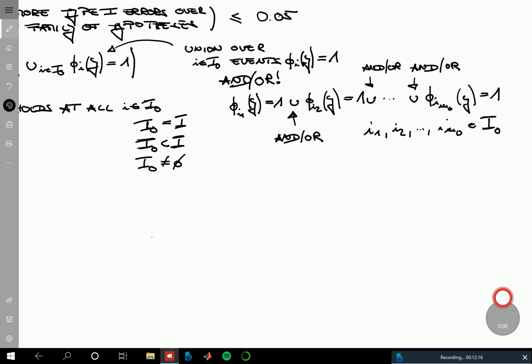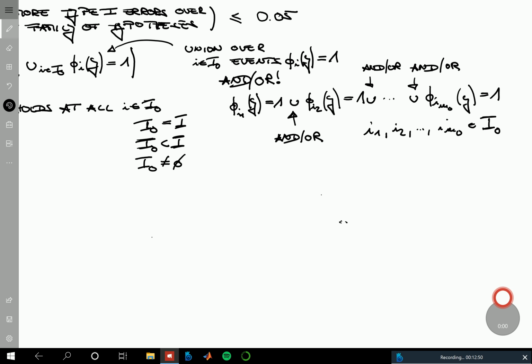And the important thing is that you can have AND/OR for all of these union statements, meaning that you can, for example, read all of them as ANDs. So at the first location the test comes out 1, and at the second it comes out 1, and so on. So this would refer to the event that you have type 1 errors for all of the true null hypotheses. You can have any mixture of AND/OR, and you can have only OR statements.